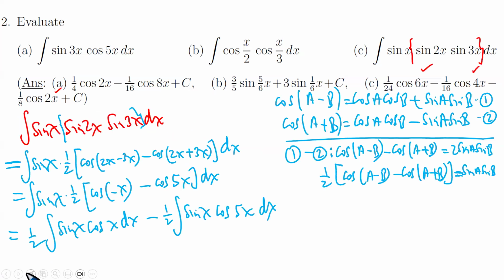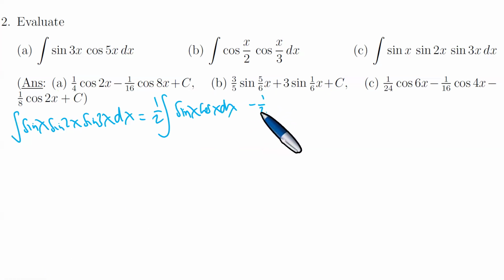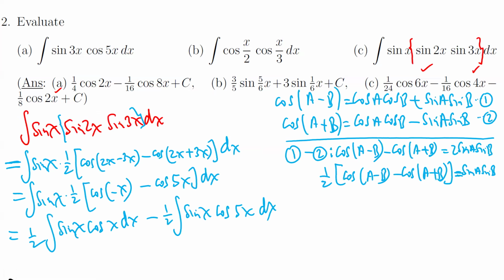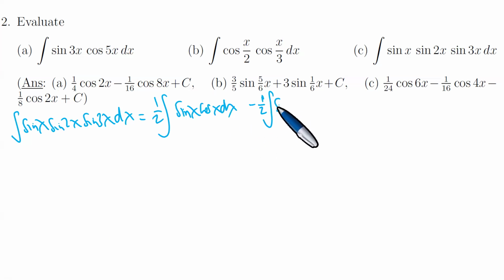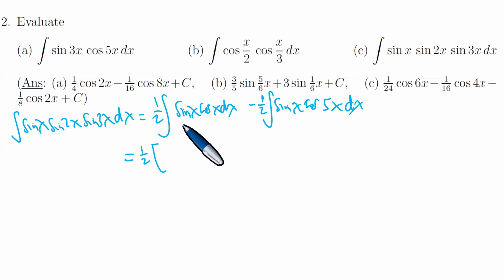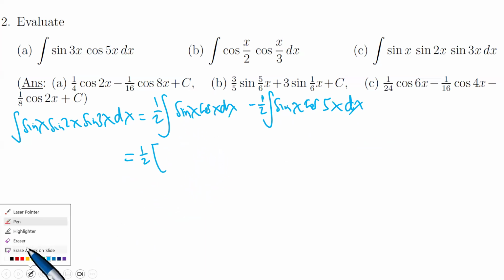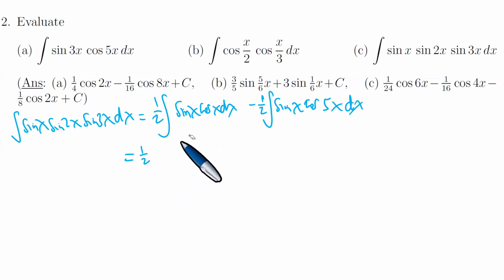Sine x cosine x dx minus 1/2 sine x cosine 5x dx. So that in the end you have 1/2, but first, this one you can easily do.